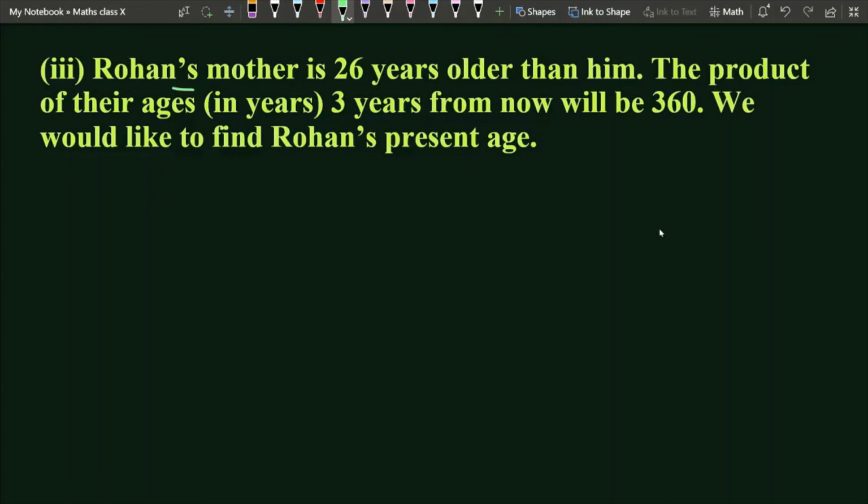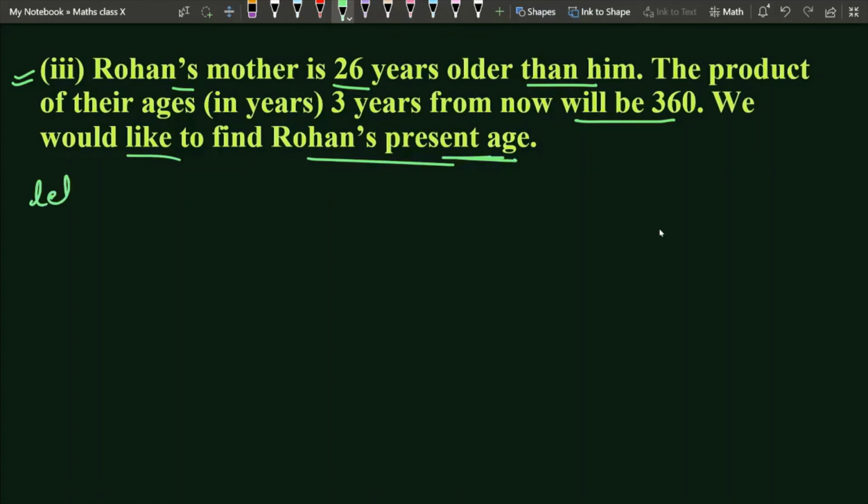Rohan's mother, you see, I'm reading out the question. Rohan's mother is 26 years older than him, and the product of their ages 3 years from now will be 360. Let us suppose we would like to find Rohan's present age.